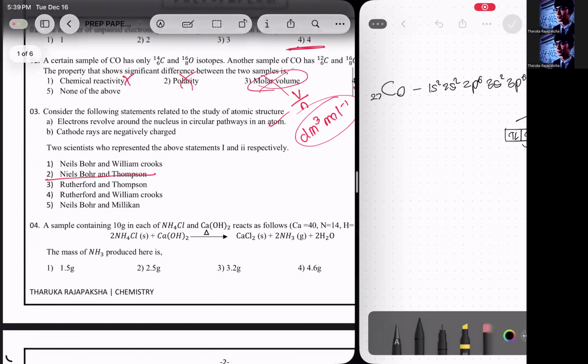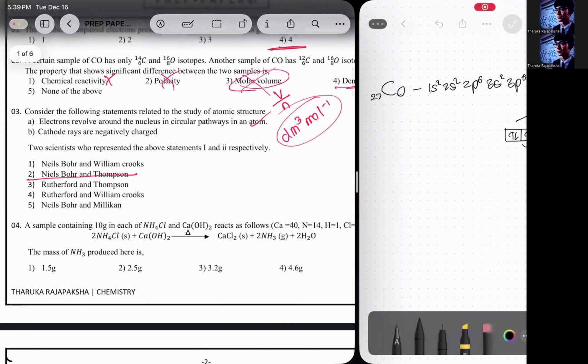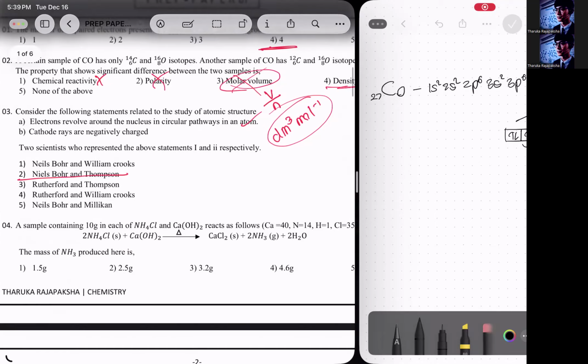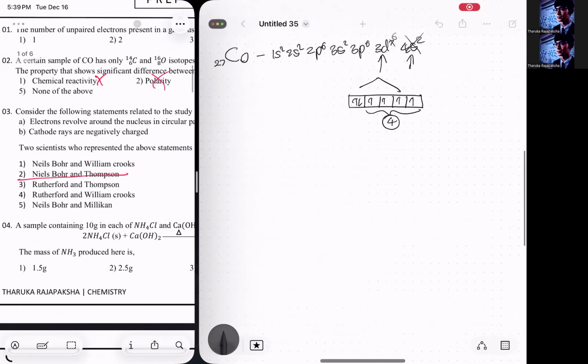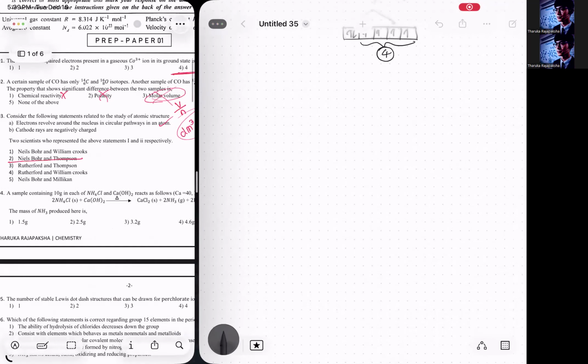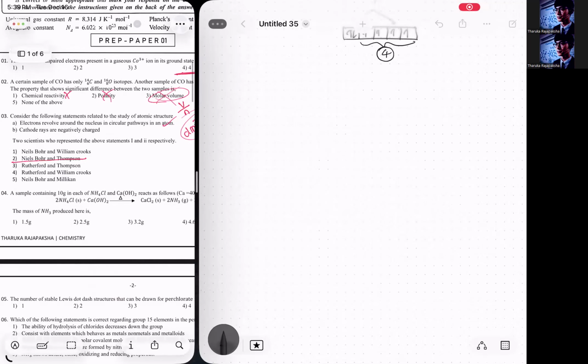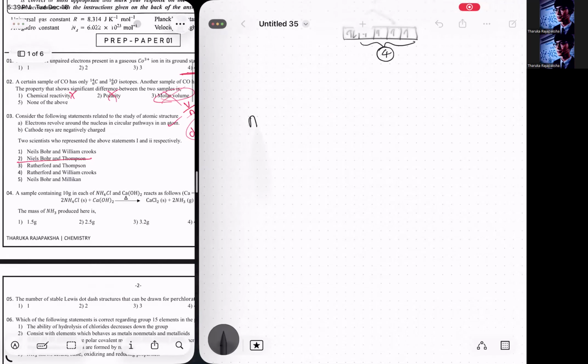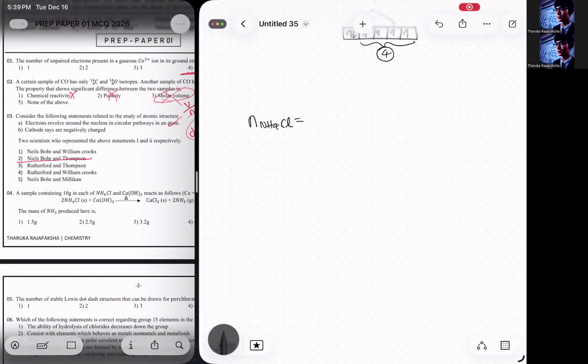Fourth one, a sample containing 10 grams of ammonium chloride and calcium hydroxide reacts as follows. Let's see the mass of ammonia produced here. So first, let's calculate number of moles of ammonium chloride. Number of moles will be mass divided by molar mass.